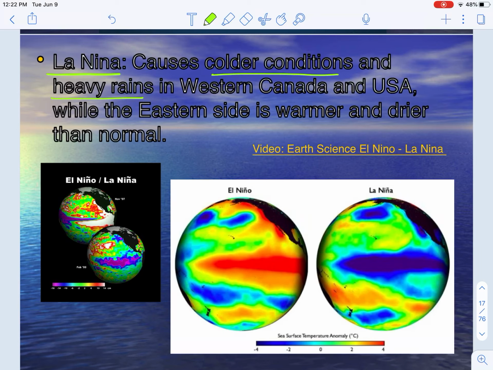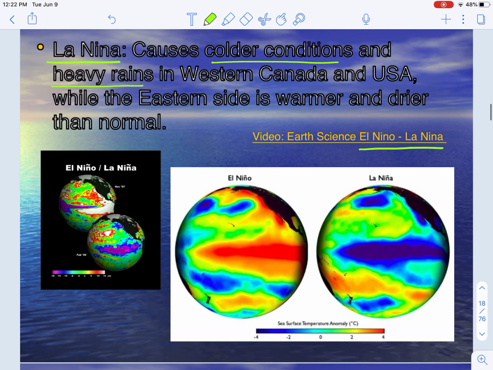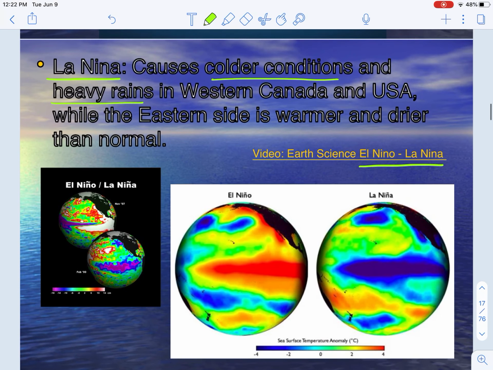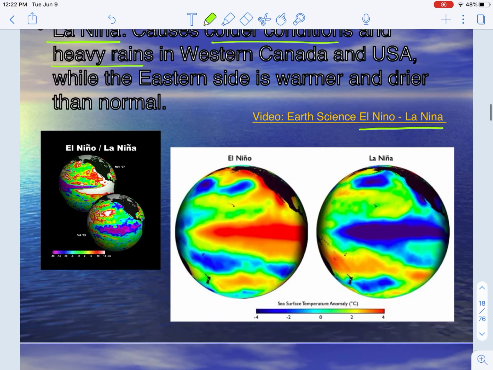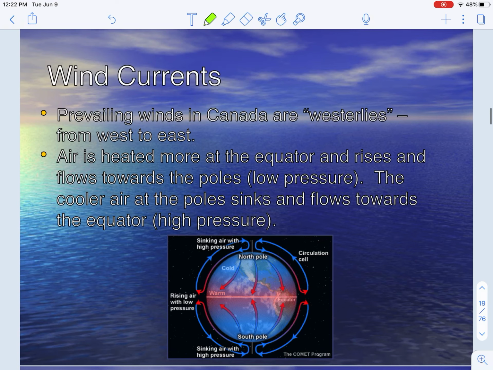On the other hand, La Nina is something that's causing colder conditions, also heavy rains, but cooler. You can watch the El Nino, La Nina video here to see the differences. But basically, El Nino, heavy rains; La Nina, cold and heavy rains.